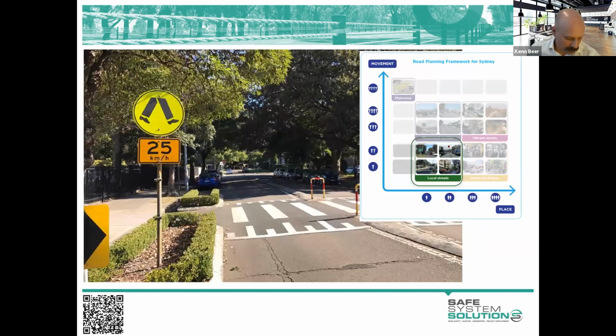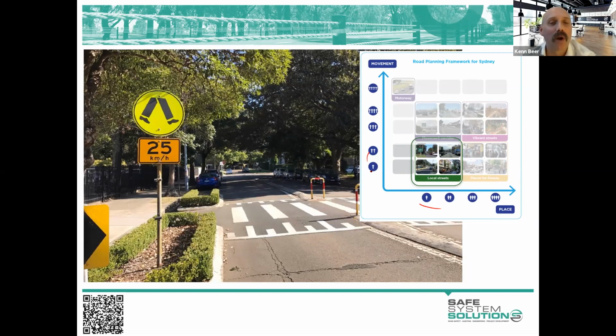Local streets. How are we getting on time? Okay. Local streets. So as I said, fairly low place value, fairly low movement function. And this gives us the ability then to start to restrict fast movement through there. And this comes back to a bit of transport planning 101, maybe: plan for the most vulnerable road users and those using the most amount of their own personal energy is a pretty good way to think about your planning.